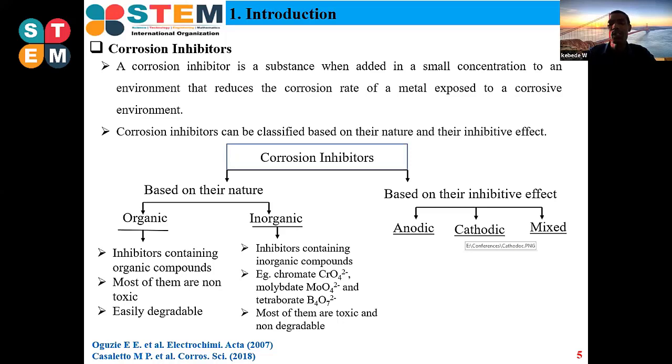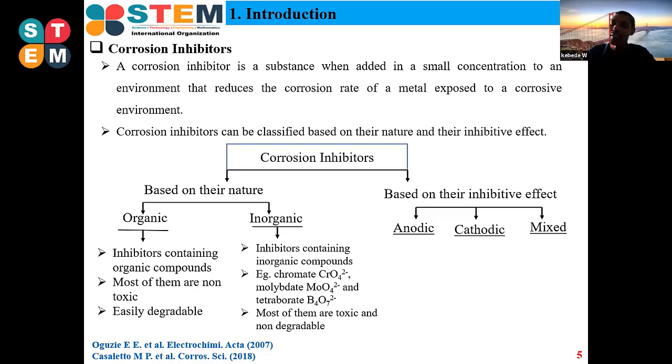In the corrosion mechanism, the process is an electrochemical process. So if we add an inhibitor to the solution and it retards the anodic reaction to protect the metal, it's called an anodic inhibitor.